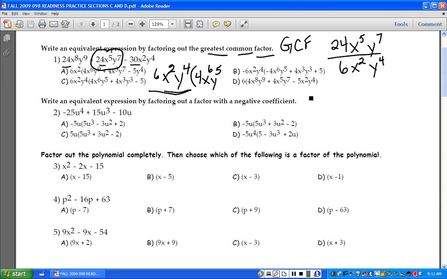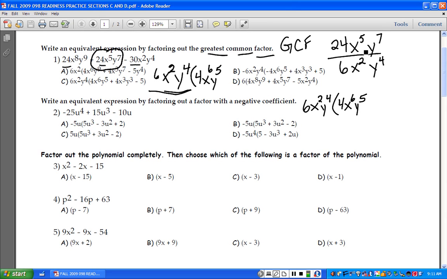Give ourselves some room. Okay, so we have our 6x squared y to the 4th pulled out. We just said we have 4x to the 6th, y to the 5th. So now we're working on the middle term, which is the 24, x to the 5th, y to the 7th, as we've circled right here.